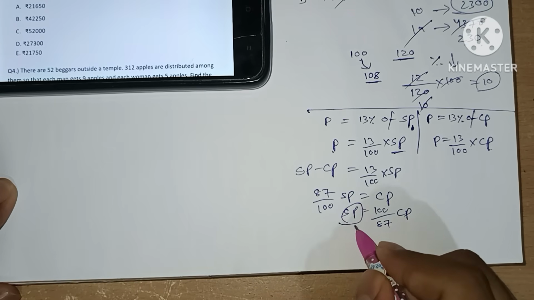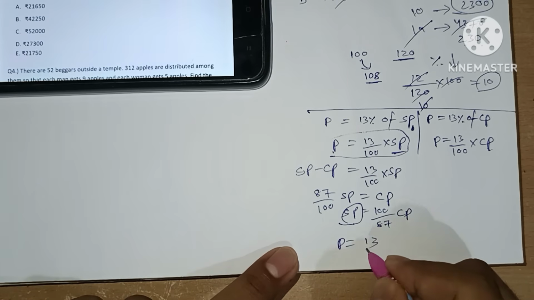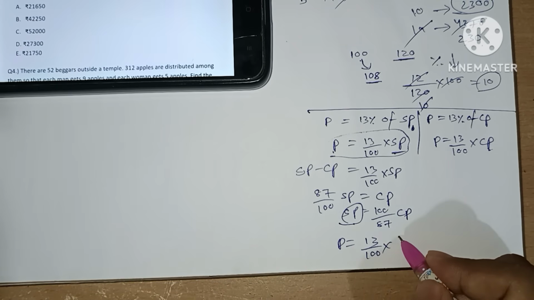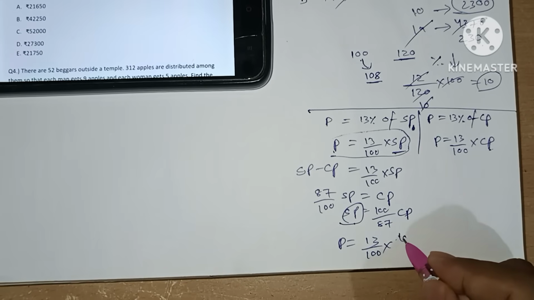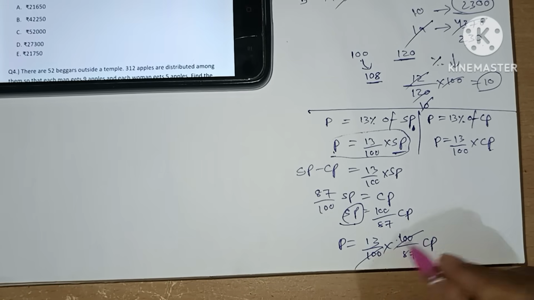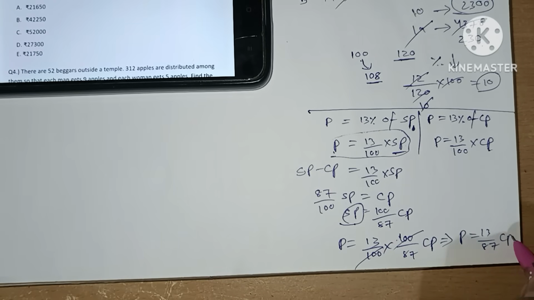Placing this SP here, we get P equals 13 by 100 into 100 by 87 CP. The 100s cancel and we get profit equals 13 divided by 87 CP.